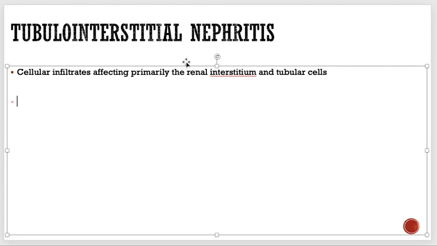We are going to discuss first the signs and symptoms, then more about tubulointerstitial nephritis.